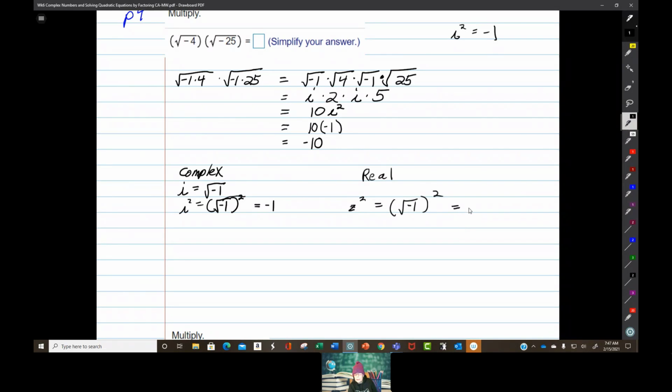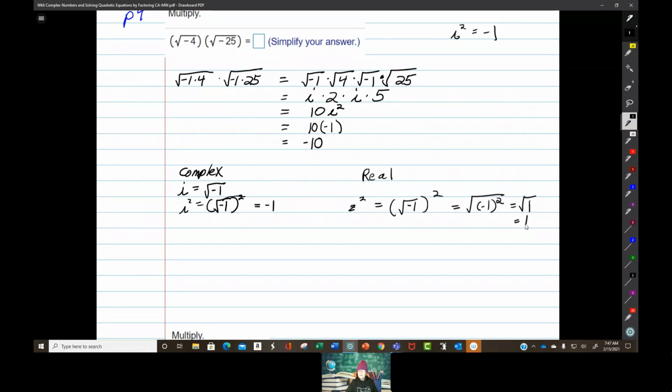What would happen in the real number system, our number system, is that this 2 would come down underneath the radical here, which it can always do, and it would square that -1, so it would become +1. So that would be the square root of +1, which would be 1.